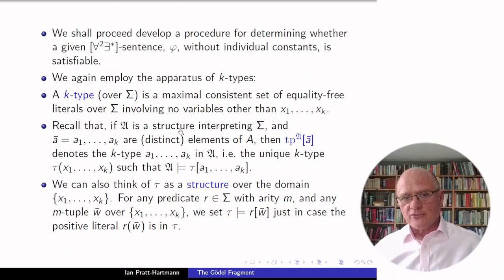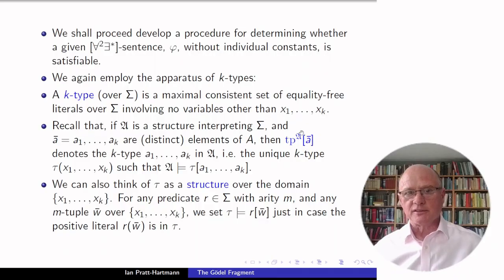And if A is a structure interpreting a k-type, and A bar equals A1 up to AK is a k-tuple of elements from that structure, then there is a unique k-type satisfied by A bar, and we'll denote that by type superscript fractor A for the structure, and then A bar in square brackets.